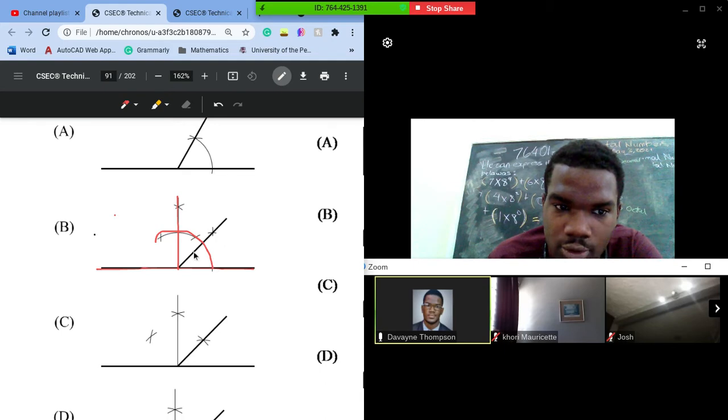To get this line vertically, you had to use this radius, scribe an arc here, and go over here and scribe another arc here. Using these 2 points, you scribe an arc above and below. That's your 90 degrees.